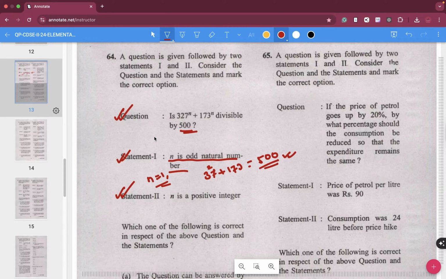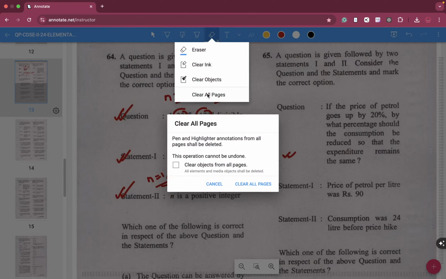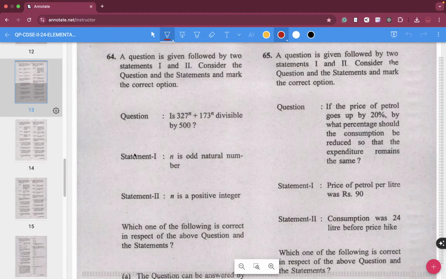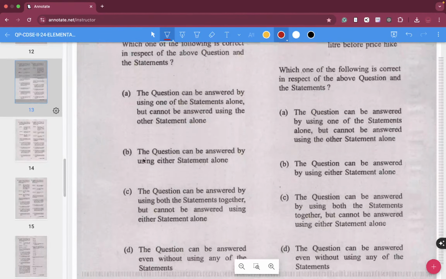So it holds for all cases whenever this power is odd: the sum of the bases is divisible by the given number. So statement 1 over here is correct.